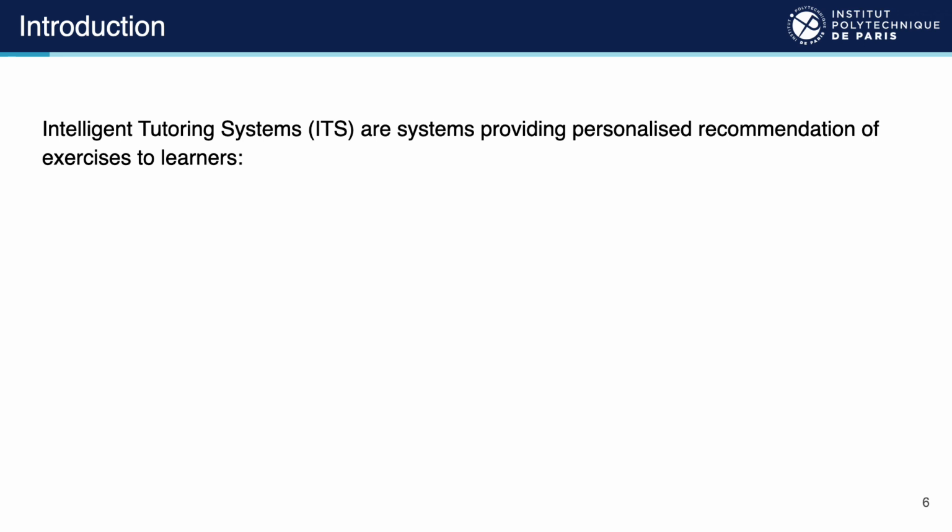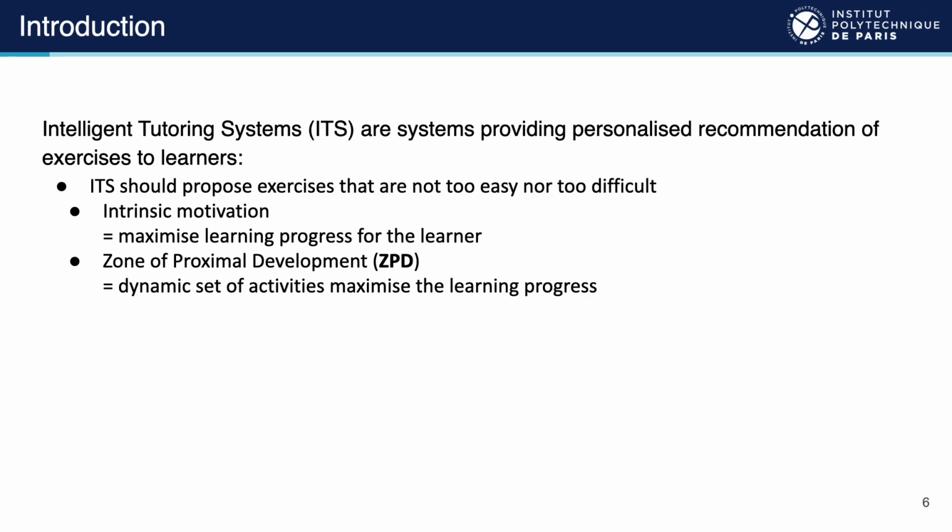More formally, an intelligent tutoring system is a system that can provide personalized recommendation of exercises to learners. It should propose exercises that are not too easy nor too difficult.